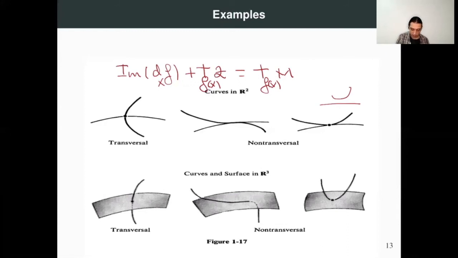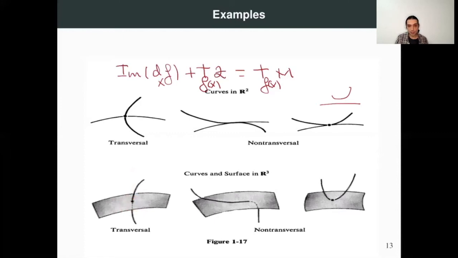Now, let's consider another group of examples, the intersection of a curve and a surface in R3, in space. Here, we have transversality because the tangent space to the surface at that point and the tangent space to the curve are two linear subspaces that are transversal.